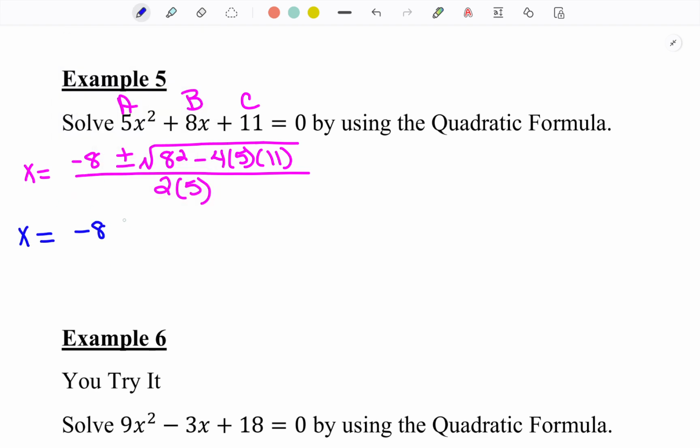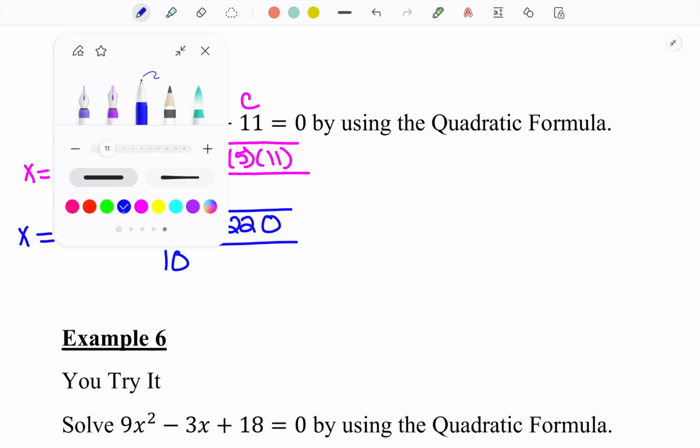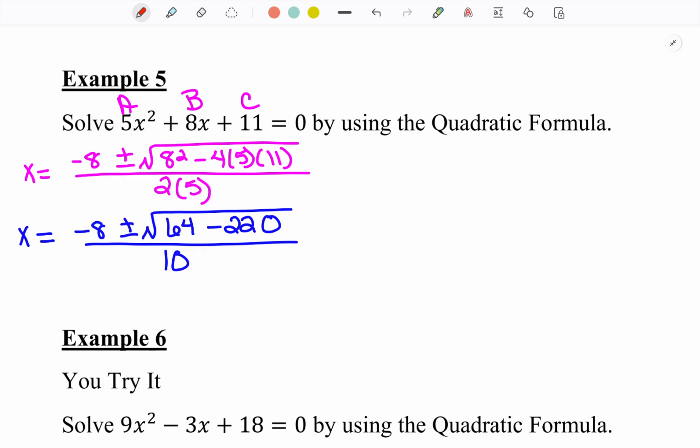So we have -8 plus or minus the square root of 64 minus 220 over 10. So we have 64 minus 220. That is going to be -8 plus or minus the square root of -156 over 10.